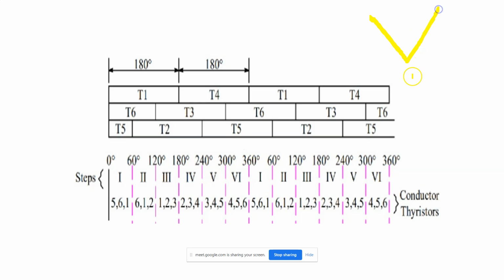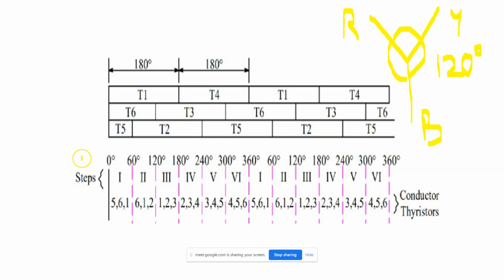We know that the three phases R, Y and B have a phasor difference of 120 degrees each. Based on this, the conduction diagram is given.